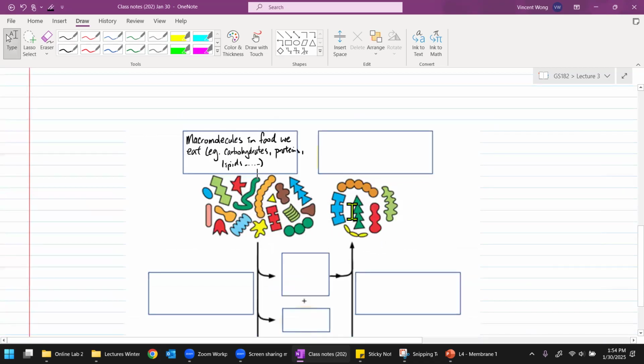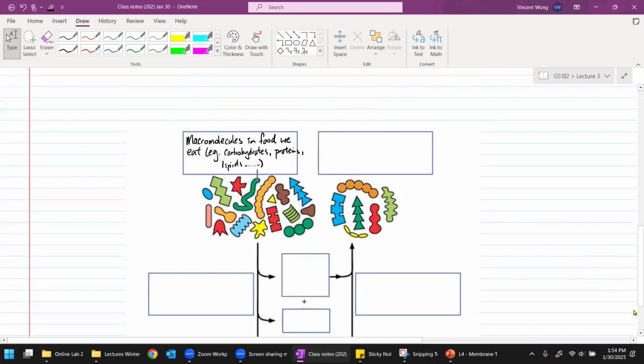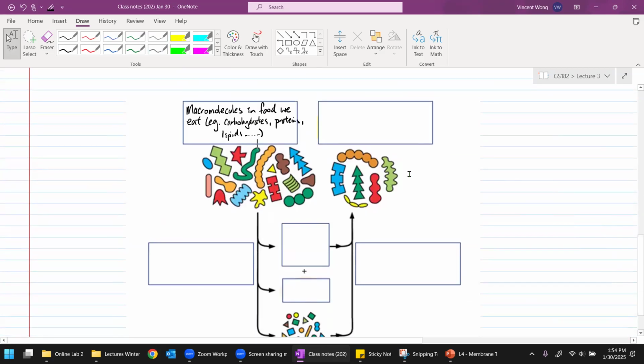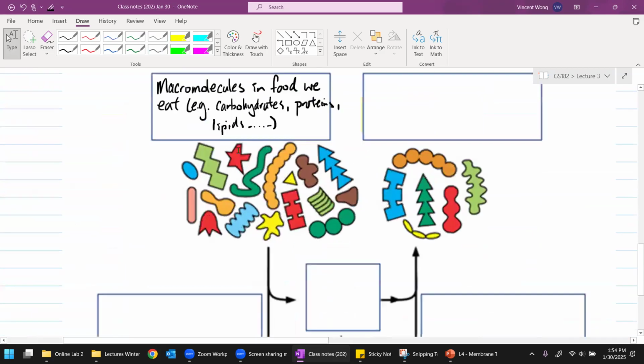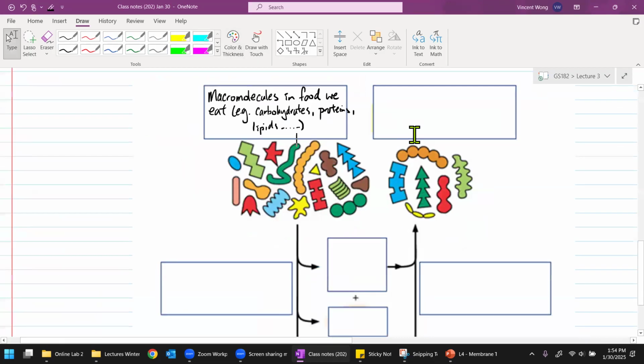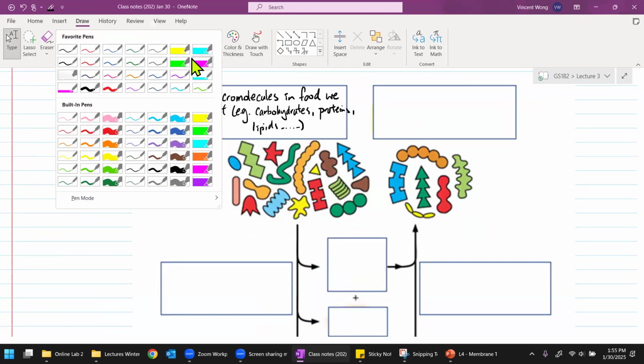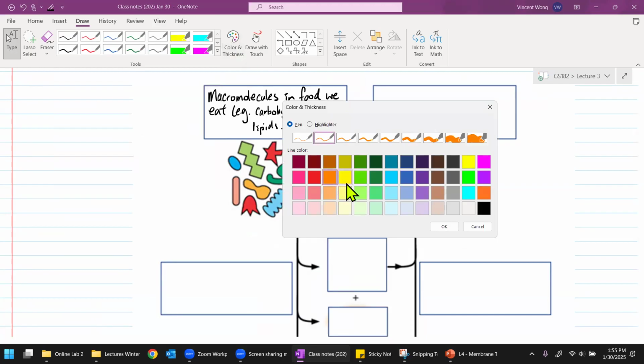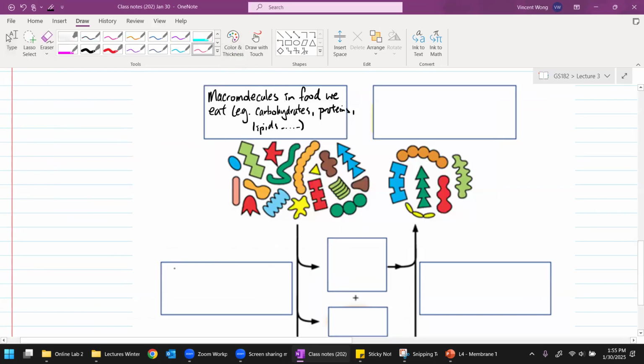We eat them, consume them, and they go into our body. Then we need to break them down. When you break these things down, we call it catabolism, or catabolic reaction, same thing.